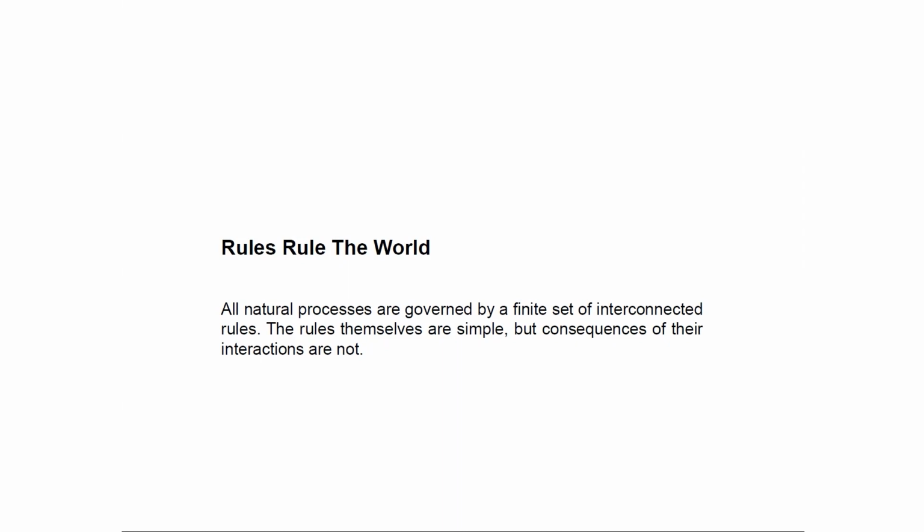We need to have this strong belief that rules rule the world, and that's basically a scientific paradigm, the paradigm of scientific or material determinism, and in a way scientific reductionism. The world is complex, but it's governed by a finite set of interconnected rules, and these rules themselves are simple, but the consequences of their interactions are not.